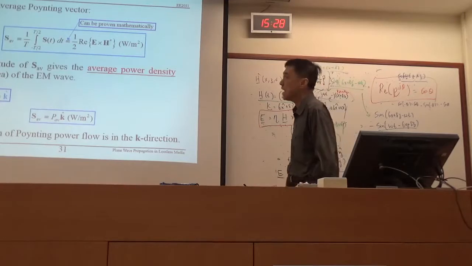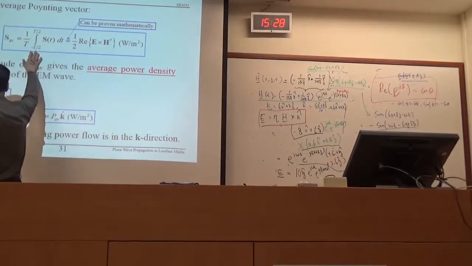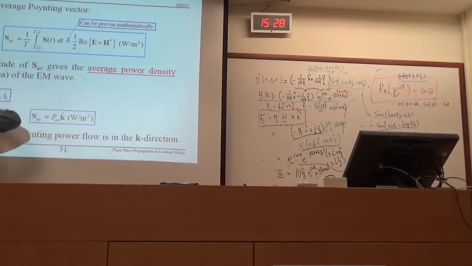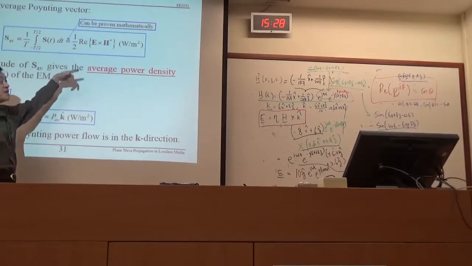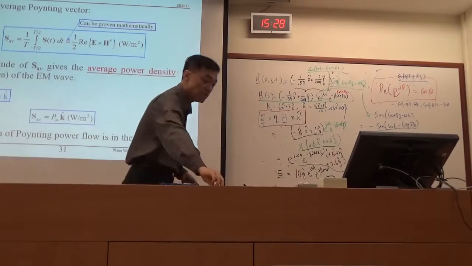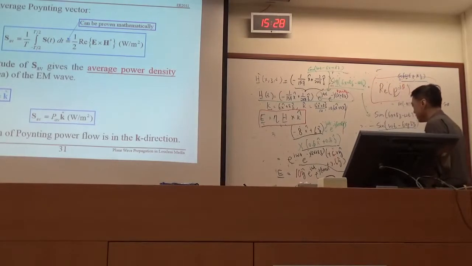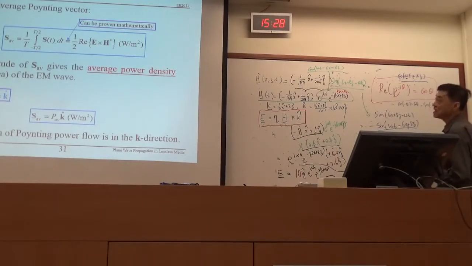And the average Poynting vector, the average being the integral within one period, becomes half of the real part of E cross H, which is the same as P equal to half of V I conjugate.